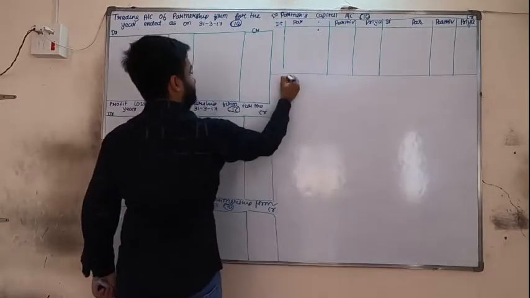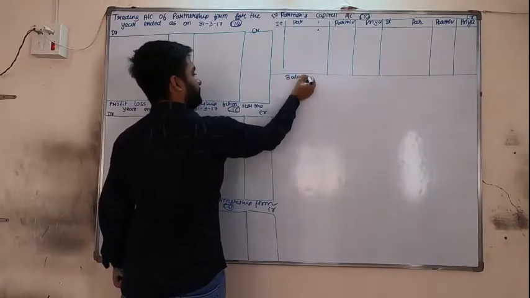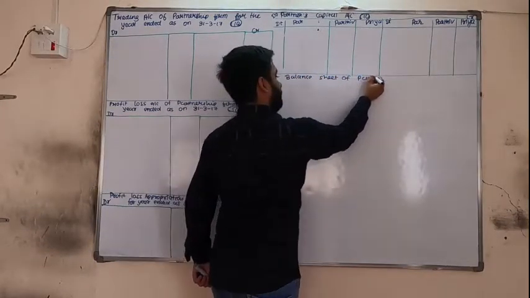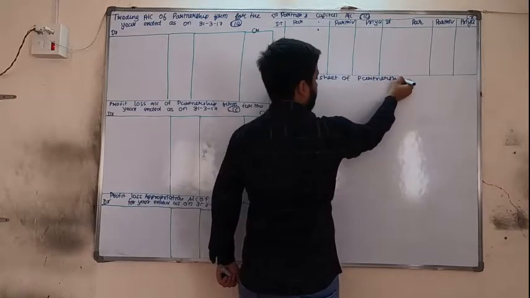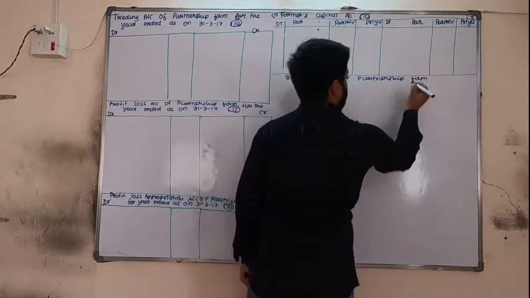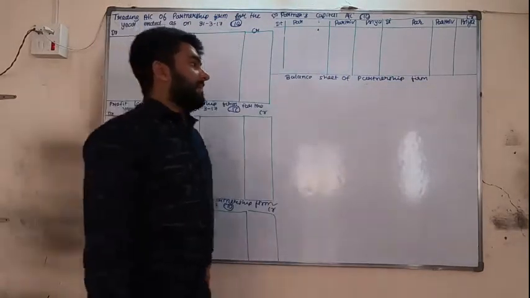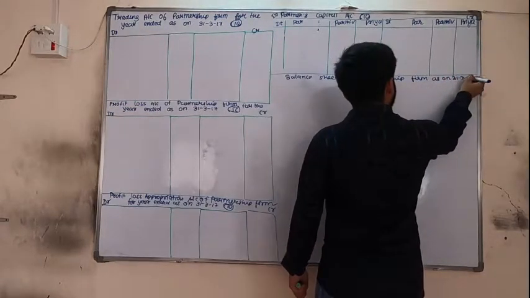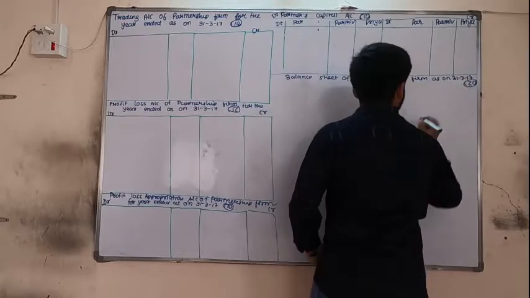Now finally the balance sheet of partnership firm as on 31/3/17. This is for 20 lines.